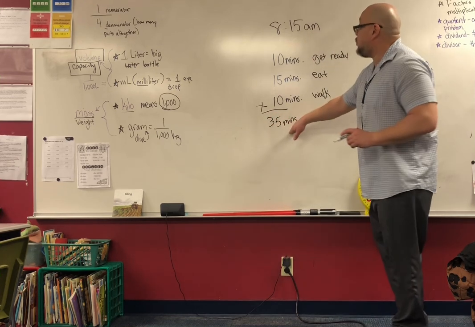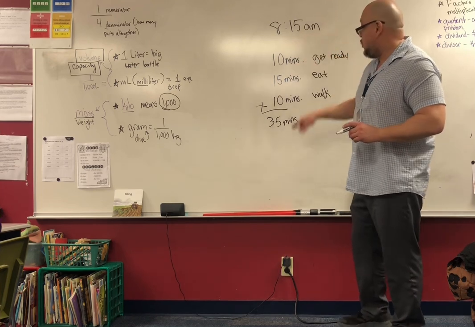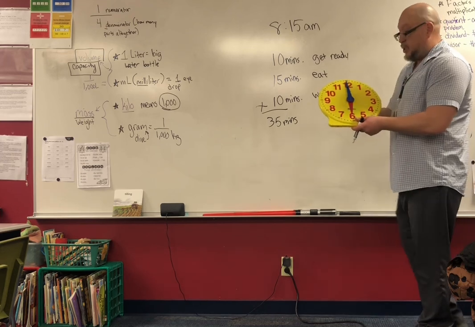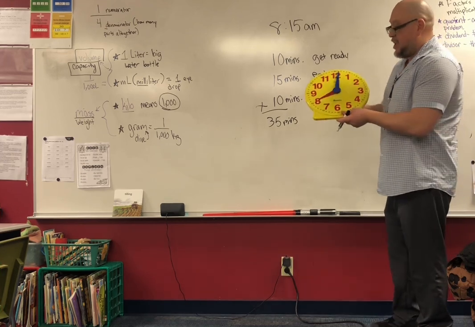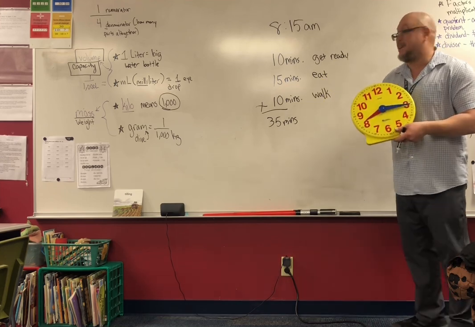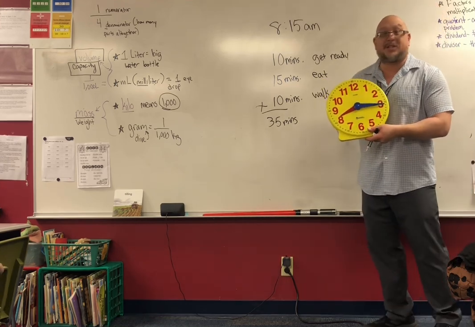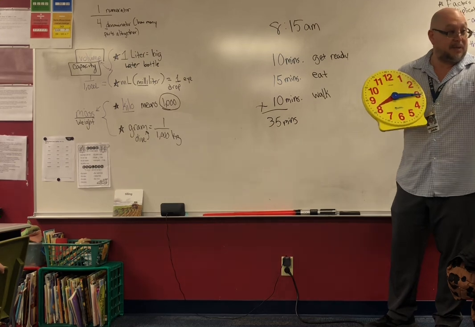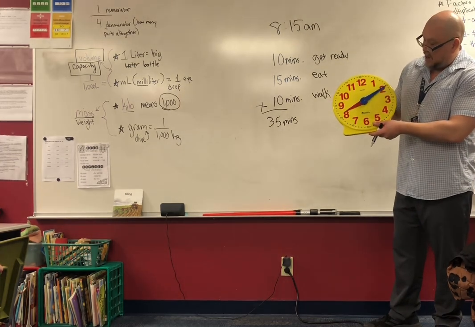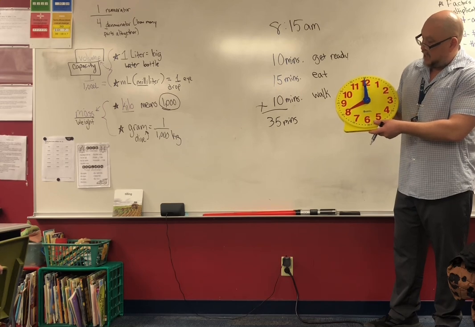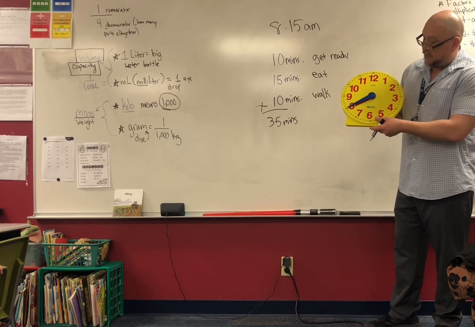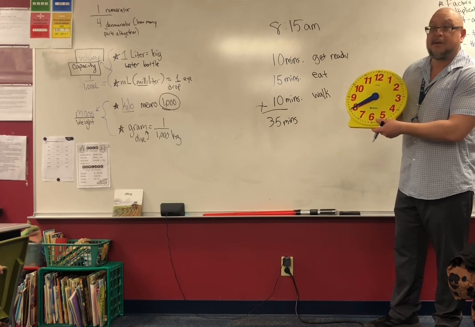Now because you have to do this before 8:15, we have to subtract this amount of time from 8:15. Since my class is taking their clocks home with them, you can practice by going back in time. 35 minutes, we could just skip count backwards. 5, 10, 15, 20, 25, 30, 35 minutes. What does it say? 7:40.